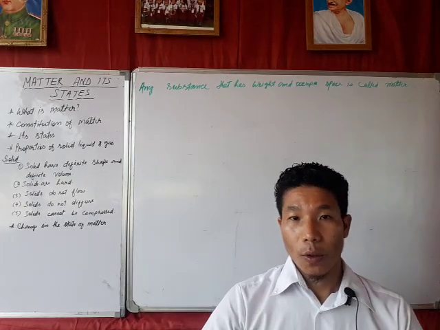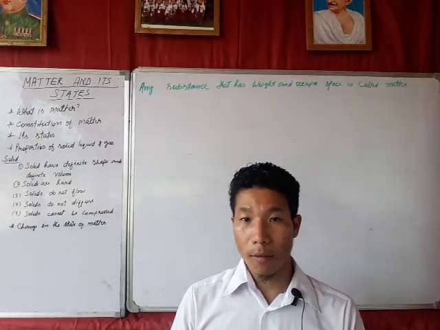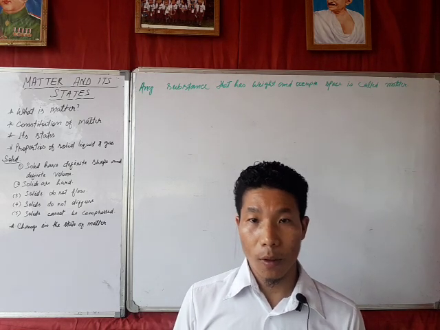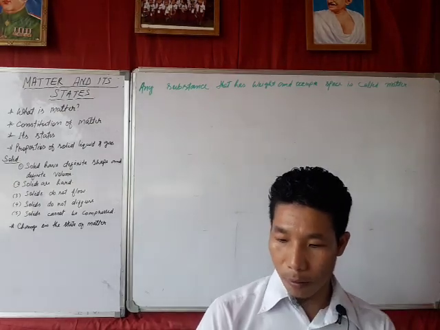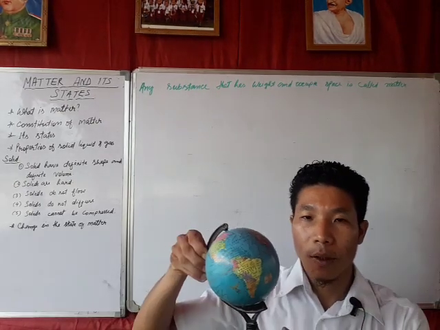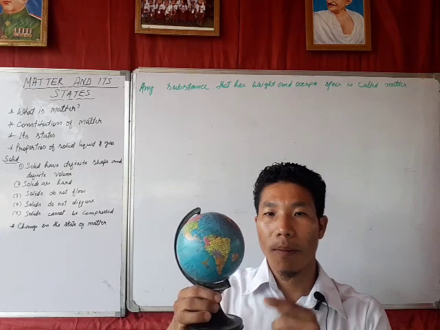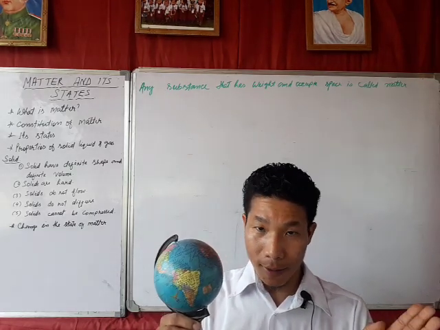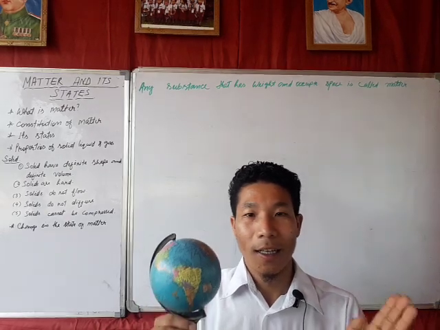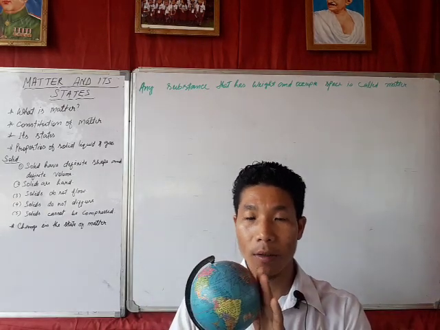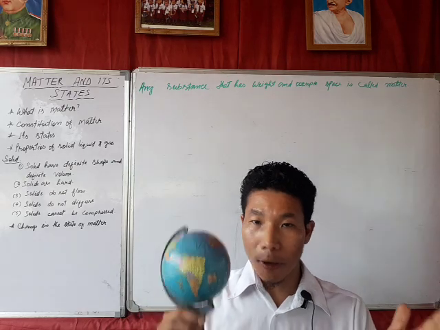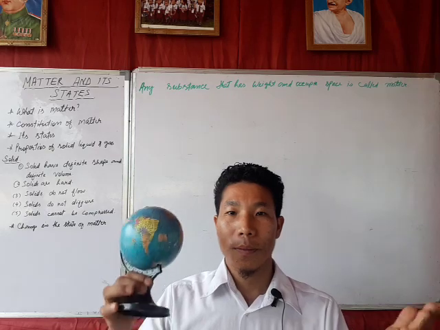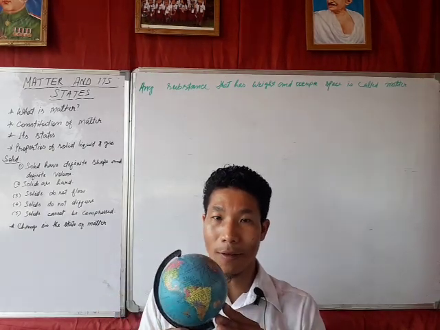Now just look around you. What things are around you? I have here one globe. Does this globe have weight or not? Obviously it has weight. And does it occupy space or not? Yes, it occupies space. So this is matter.